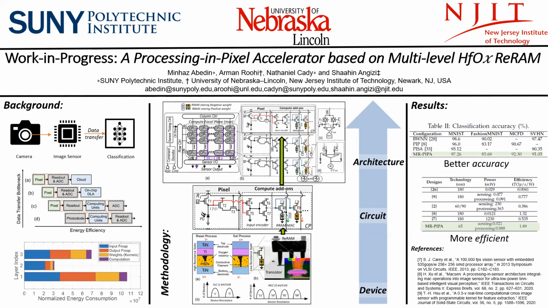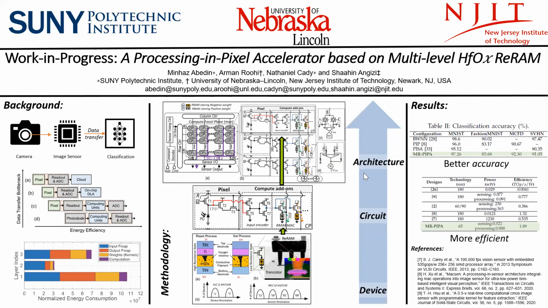So what it does in a complete array is the pixel circuit generates the signal, and as soon as that happens, the input encoder encodes it for the RRAM cell to do the MAC operation acceleration.